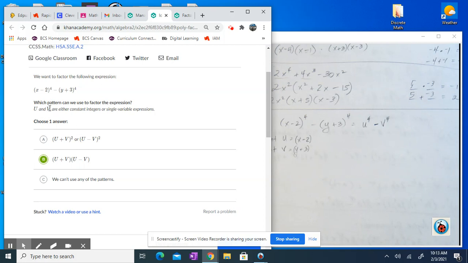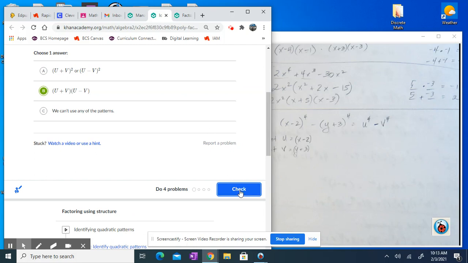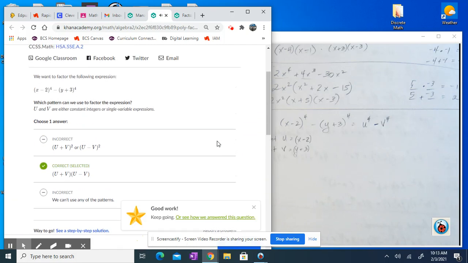It says u and v are either constant integers or single variable expressions. Let's see what happens when I click that. That's correct. Okay, so basically I see this expression is a perfect square because it's to the fourth power. And this expression is a perfect square because it's to the fourth power. And you're just subtracting them, so that's just a difference of squares. Okay.